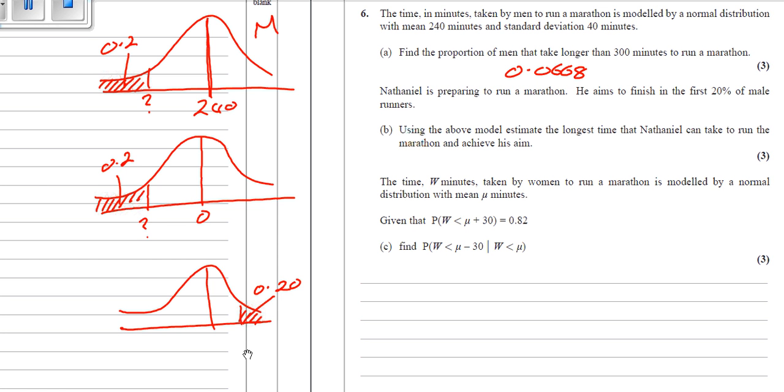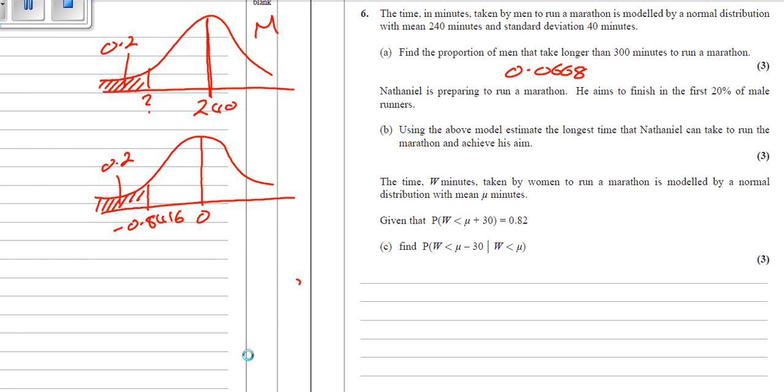So 0.2, that's going to be 0.8416, which means if using symmetry, this one down here will be minus 0.8416. So this value here is minus 0.8416.